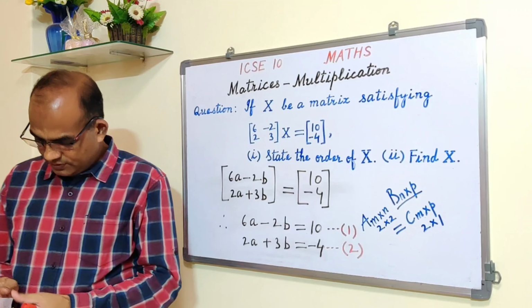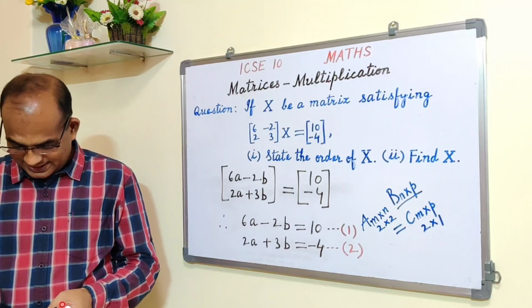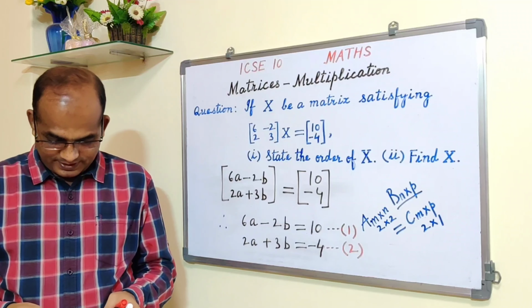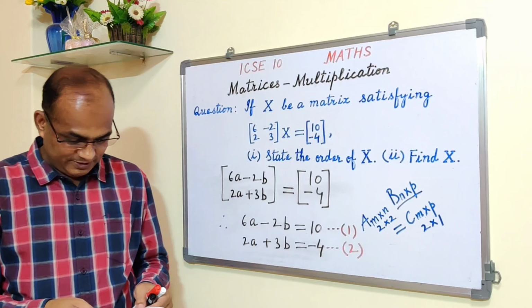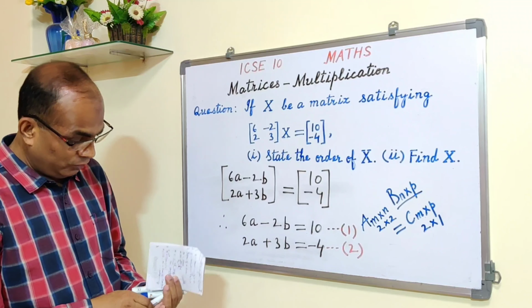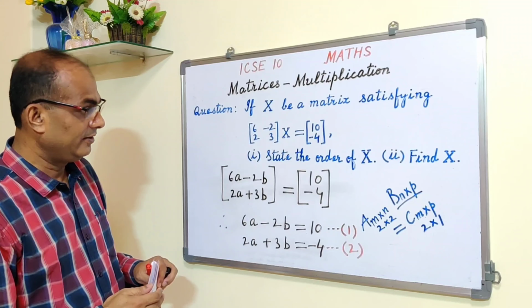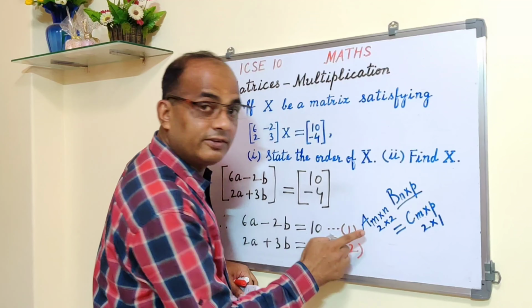Fine. I have found out the values of a and b, and that is a is 1 and b is minus 2. So you please solve that. Therefore after that we can write down, can I rub this part? Okay, clear?